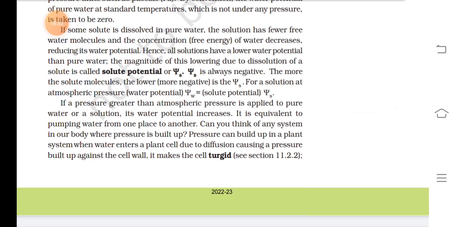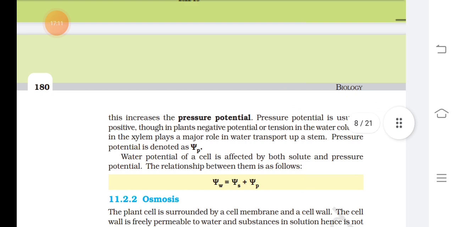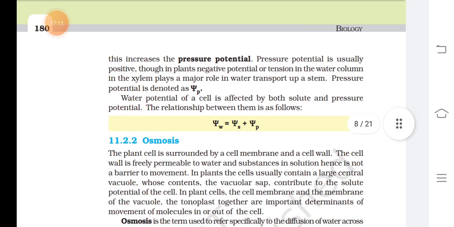Can you think of any system in our body where pressure is built up? Pressure can build up in a plant system when water enters a plant cell due to diffusion, causing a pressure build-up against the cell wall. It makes the cell turgid. This increases the pressure potential.